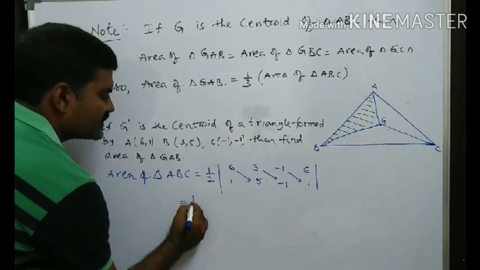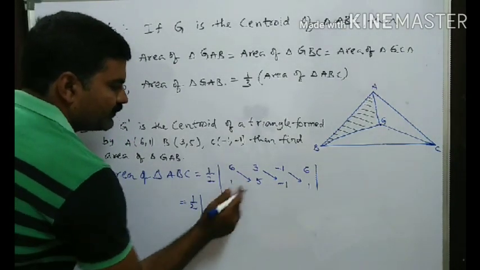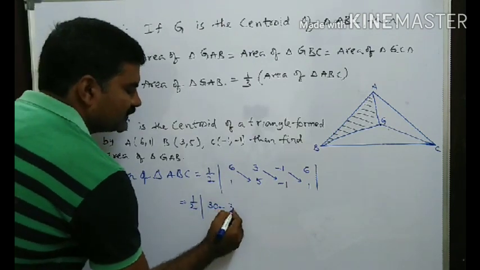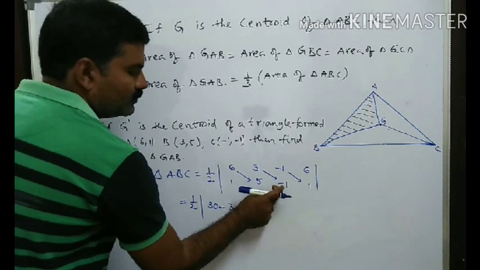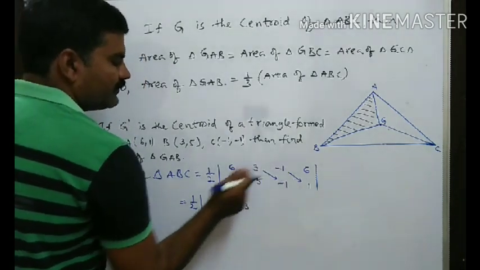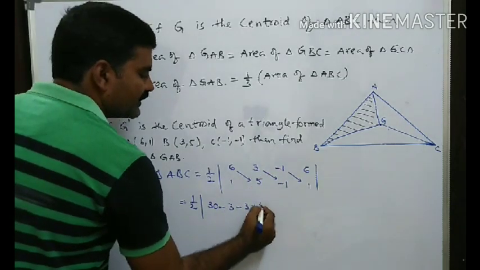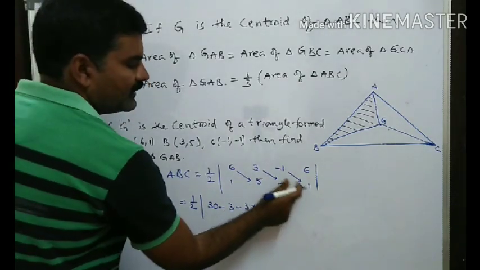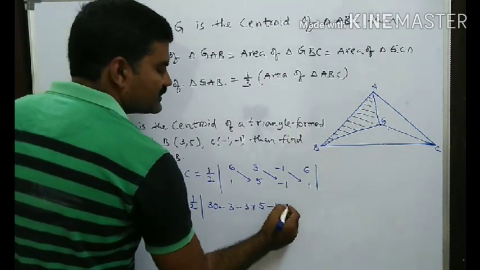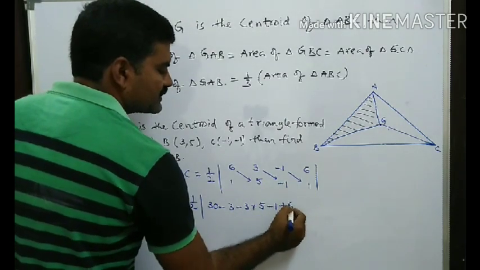So the simplification for this, 6 into 5, 30, minus 1 into 3, 3. 3 into -1, -3, minus of 5 into -1, which is +5. And finally -1 into 1, -1. And this is nothing but minus of -6, which is +6.